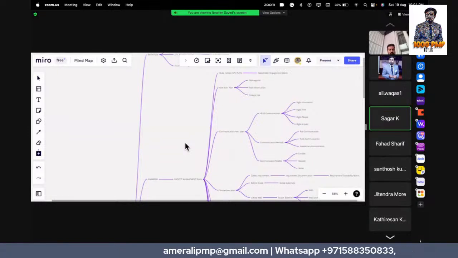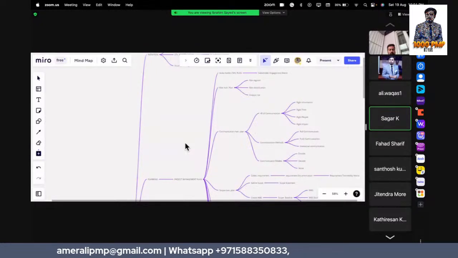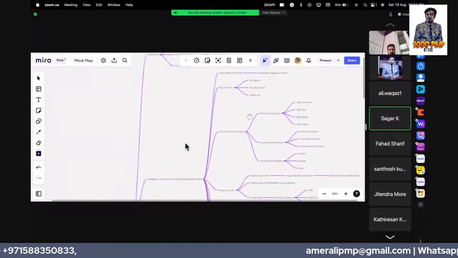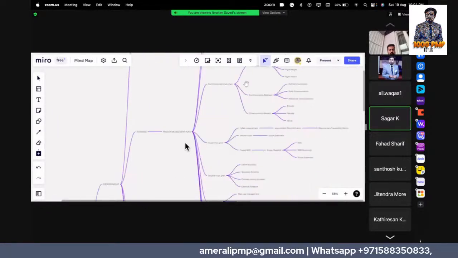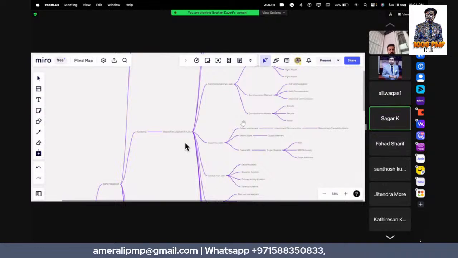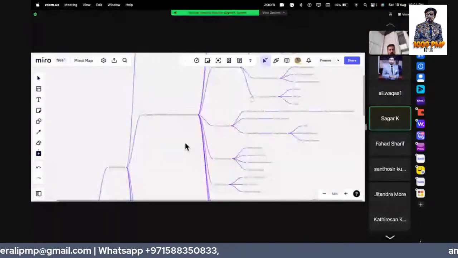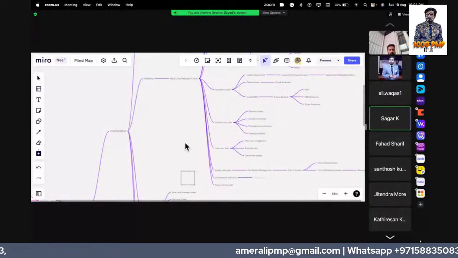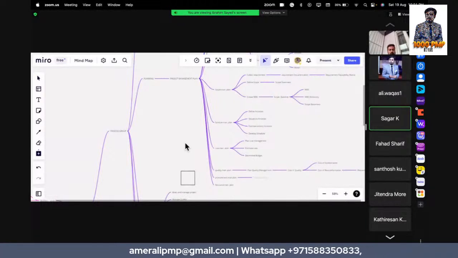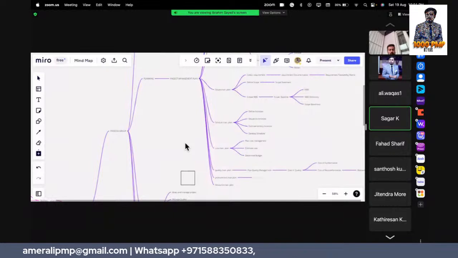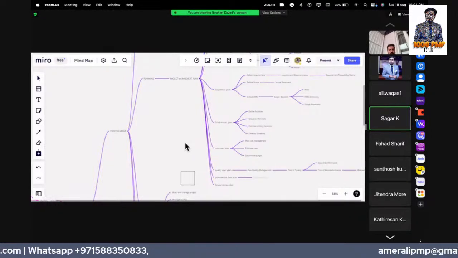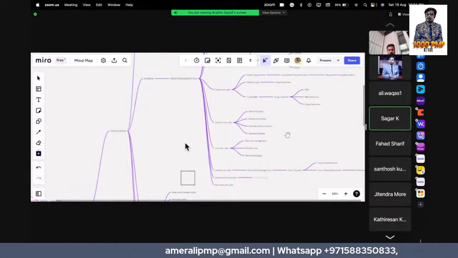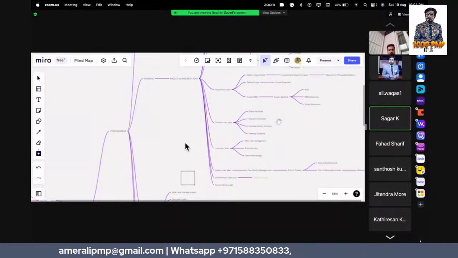For example, we can see in the mind map, Ibrahim, you can scroll down through the knowledge areas that we had shown. Here we have classified the project management plan for different knowledge areas: scope management plan, schedule management plan, cost management plan, quality management plan, procurement management plan, resource management plan. Like this, we have classified it.